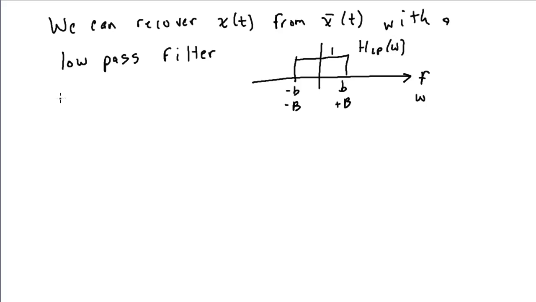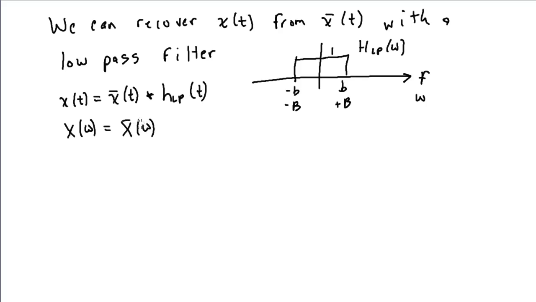Then recall that I can recover x of t either by convolving the ideally sampled version with the impulse response of this filter, or in the frequency domain, the equivalent operation is multiplying the spectra of x over bar of omega by the frequency response of the filter.